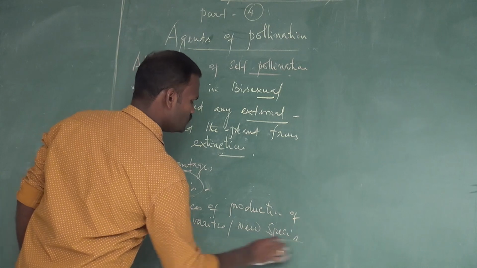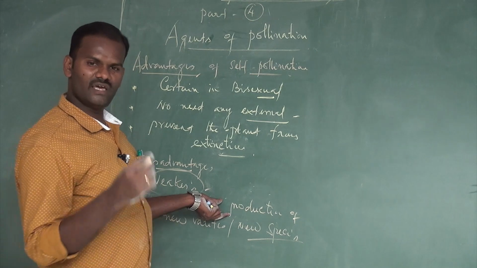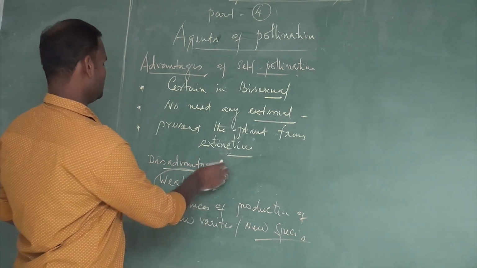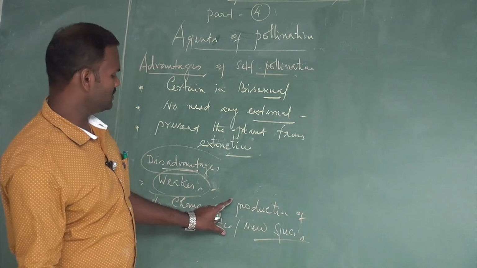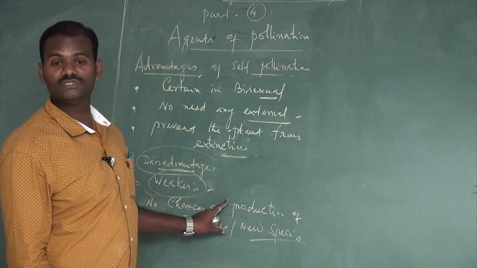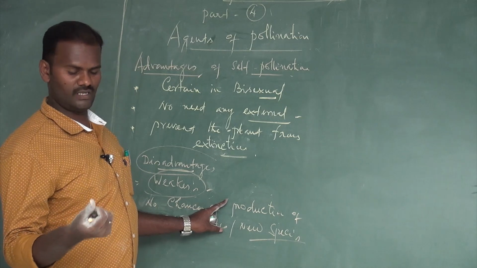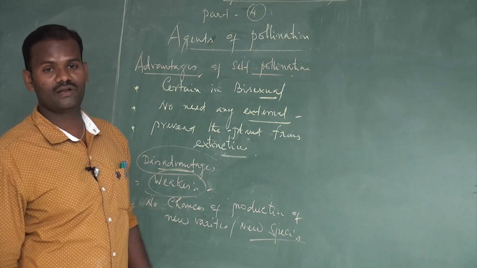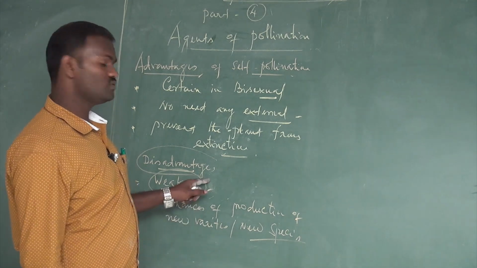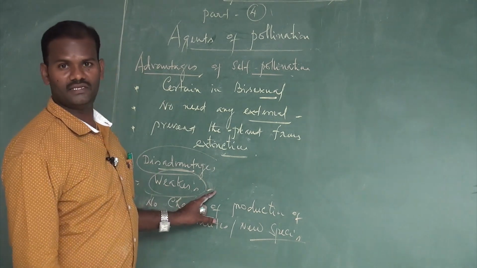The chances of new species or new variety formation are very much less because the pollination is from the same plant. But variation is essential for evolution. Different types of plants are adapted to different environmental conditions. Such variations are never created through self-pollination. They are created only through cross-pollination.